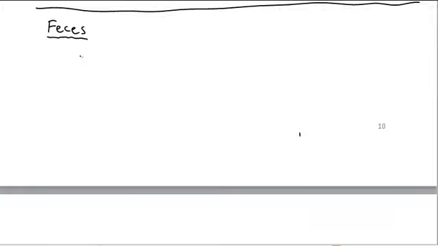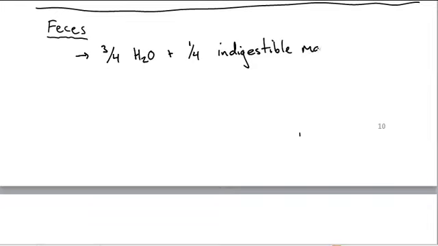So, typically, healthy feces has a ratio of 3/4 water to 1/4 indigestible material. Things that have never really entered the cells of our body, such as fiber.